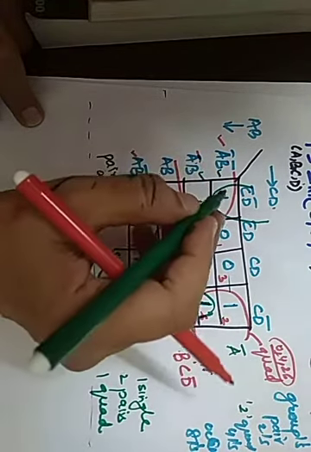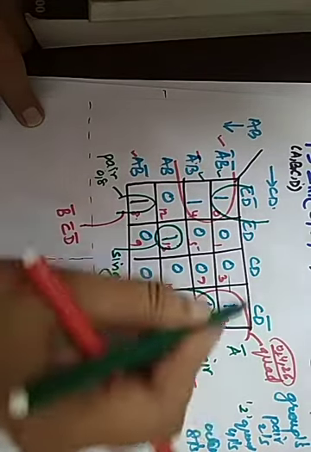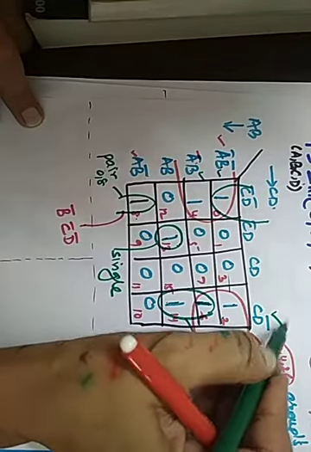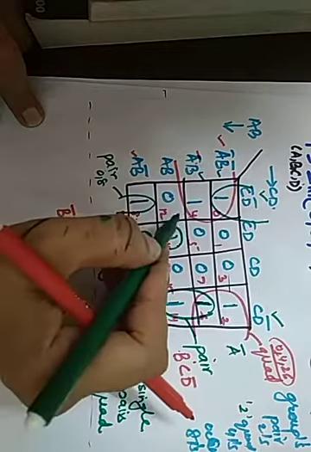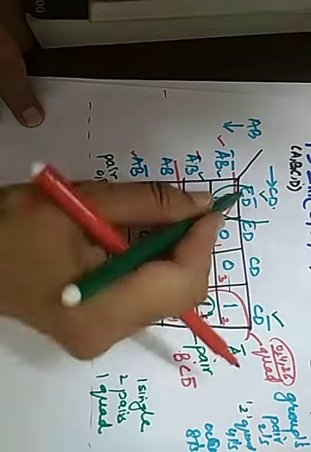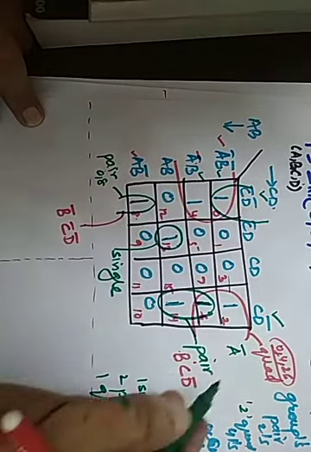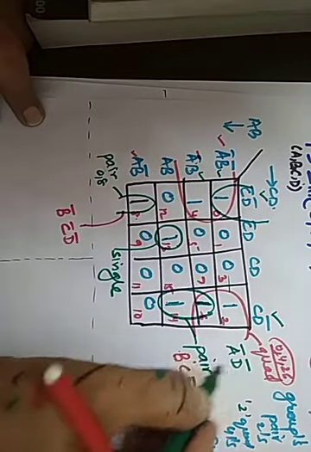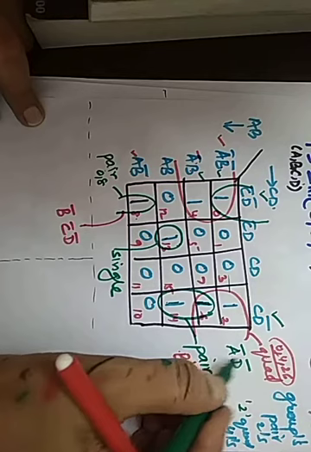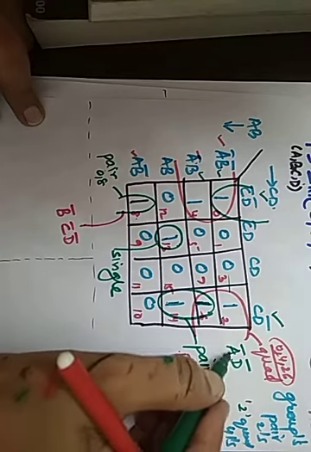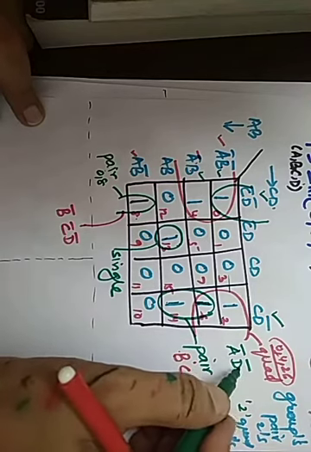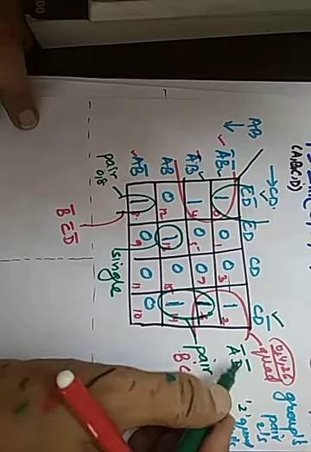Now the columns: CD bar and C bar D bar. Comparing these two, C is changing and D bar is common, so you have D bar. So the value of this quad is A bar D bar, and note that two variables, B and C, have been eliminated.